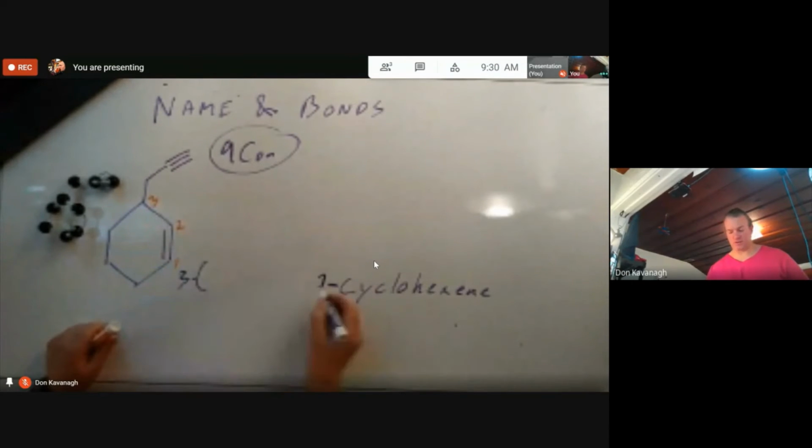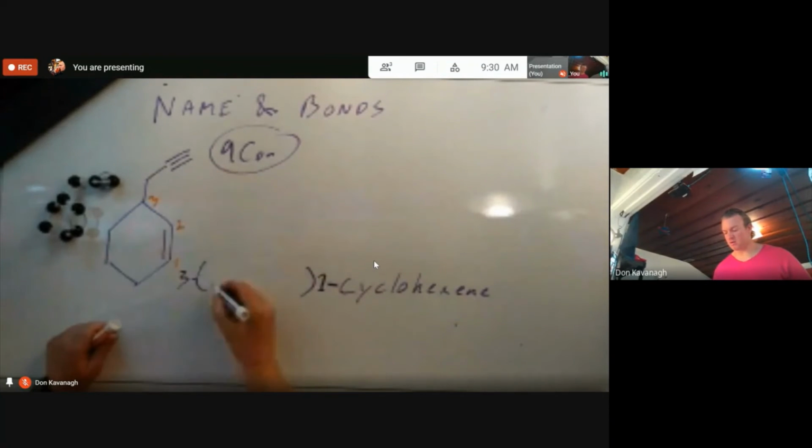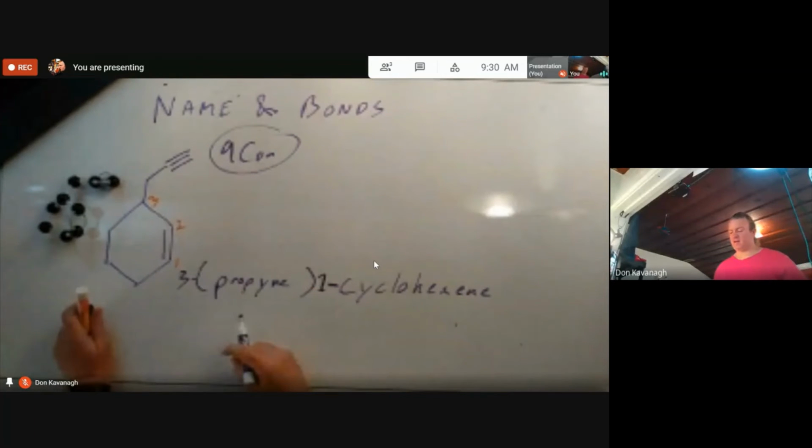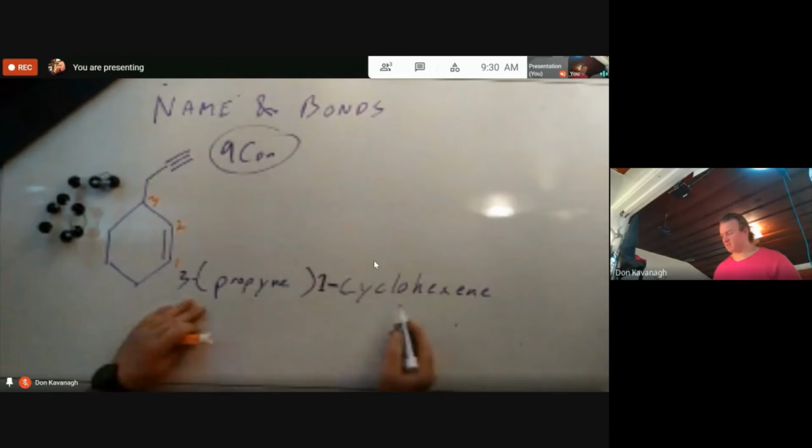What's in this substituent is a propyne. So prop for the number of carbons, and then yne to indicate the triple bond right there. Now, here we have the number of carbons in our name: 6 plus 3 equals 9.